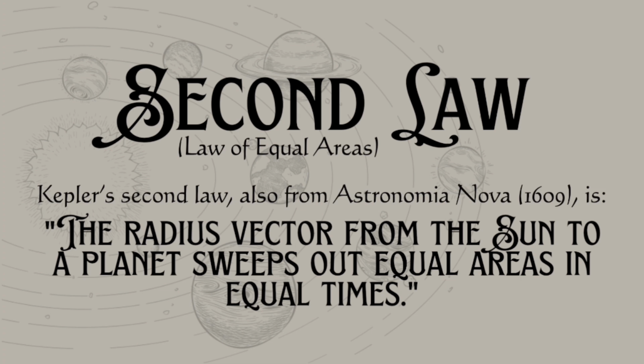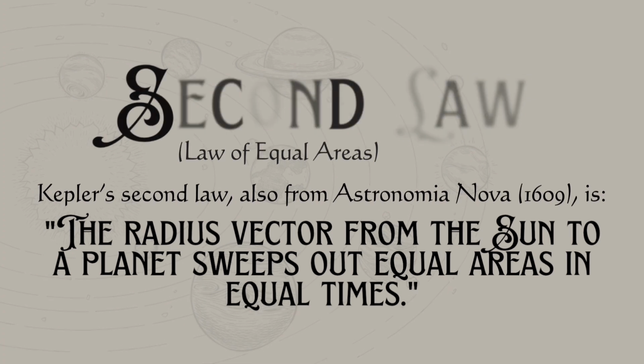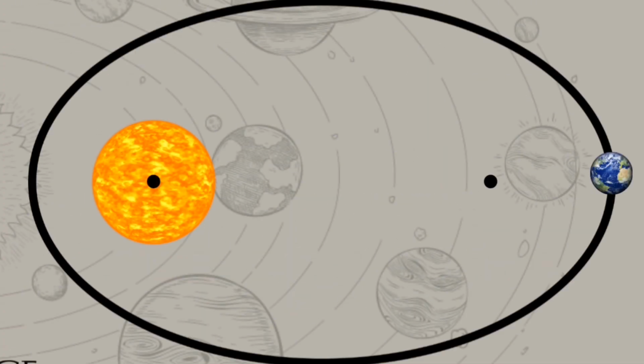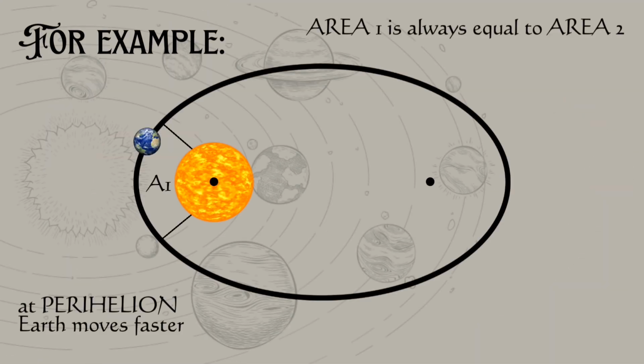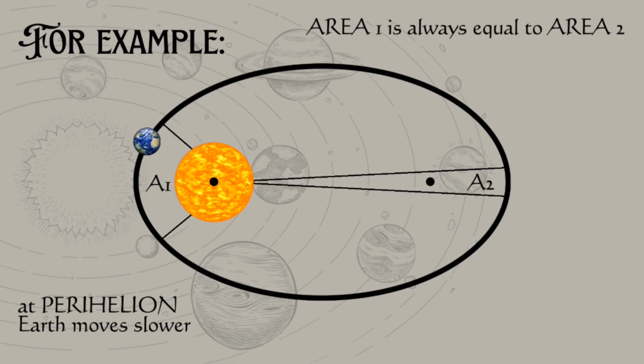Kepler explained that the speed of a planet's movement is proportional to the area it sweeps as it orbits. For example, think about Earth as it orbits the Sun. When we are near the Sun, Earth moves faster. On the other hand, when we are farther from the Sun, our movement slows down.